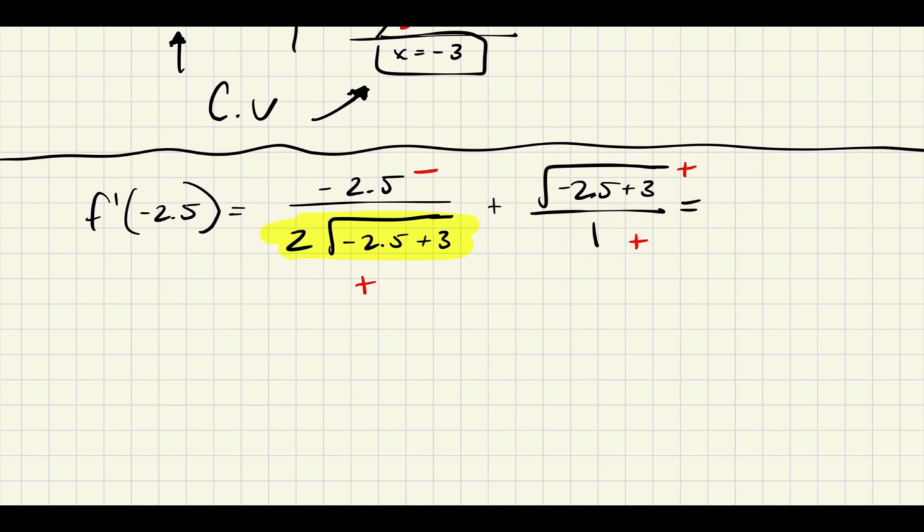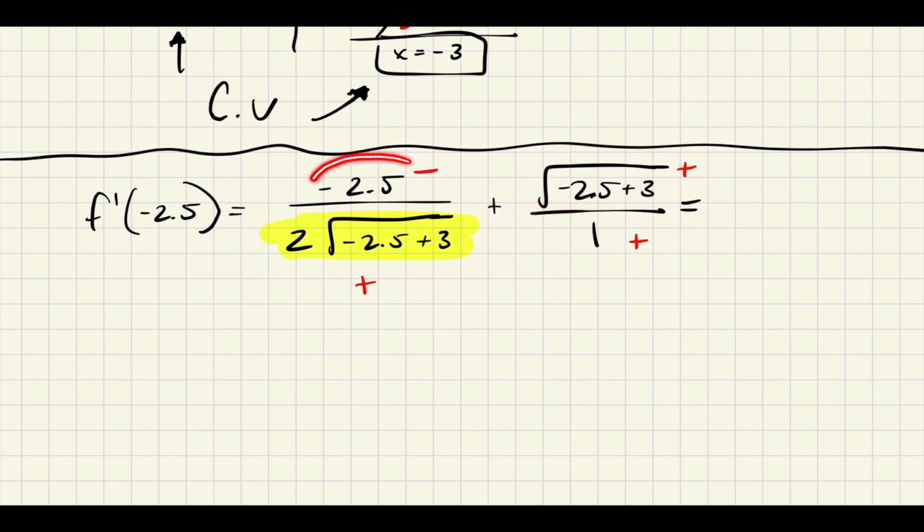This guy over here, 2 times the square root of a half. Well, the square root of a half is like a fourth, I think. Let's see. No. So this guy is going to be pretty small, right? You're going to have a small number over 1.